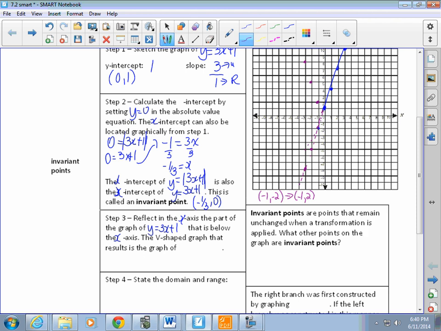So now this graph here is going to be our reflected graph. My V that I've made on the top there is my graph of y is equal to the absolute value of 3x plus 1.